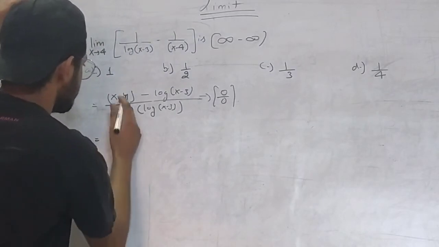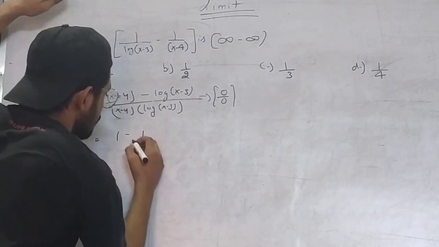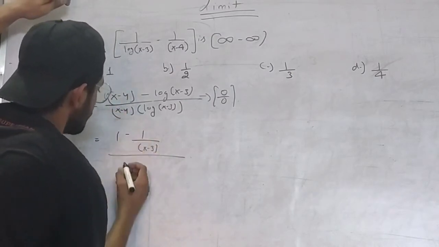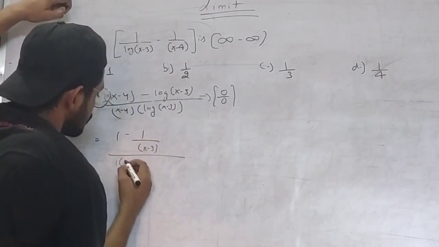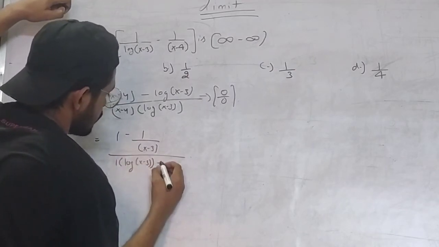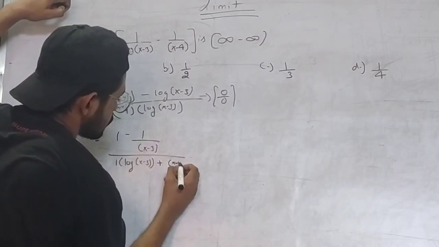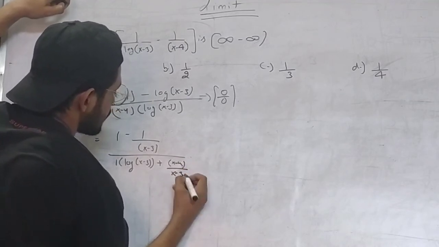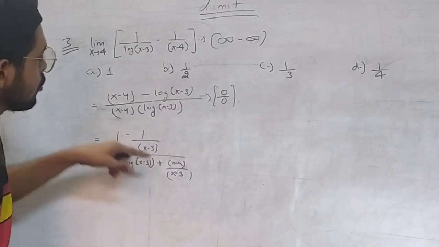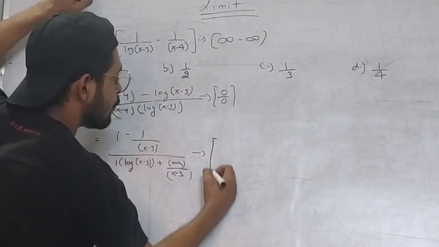So this will be 1 minus 1 upon x minus 3, and this will be 1 into log x minus 3 plus x minus 4 by x minus 3. If we apply the limit 4 here, it gives you also a 0 by 0 form.